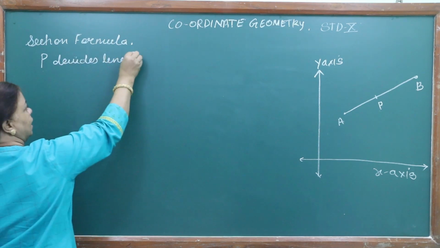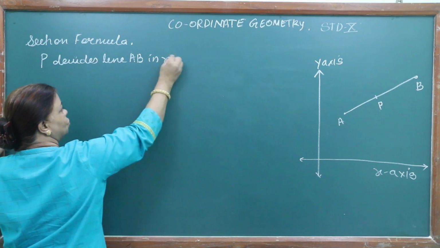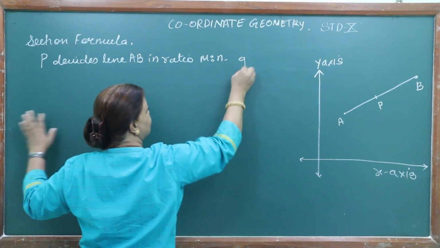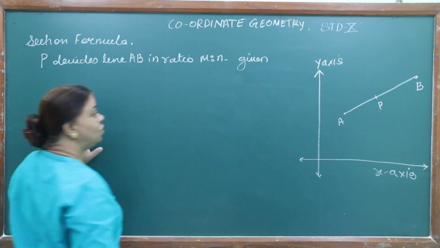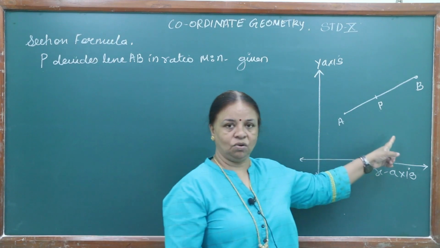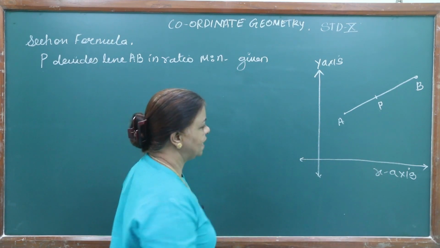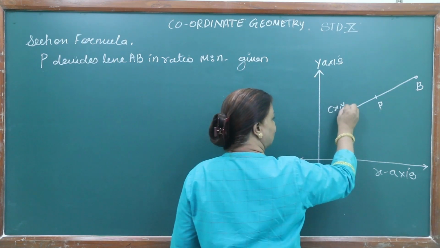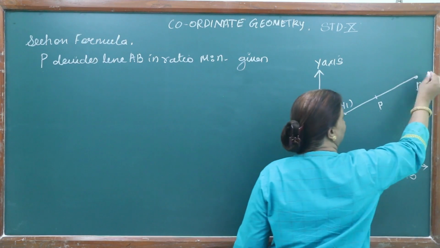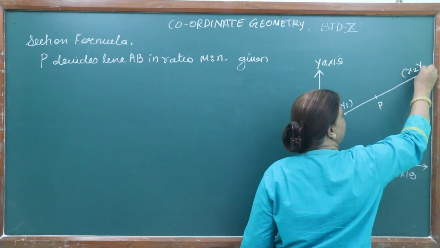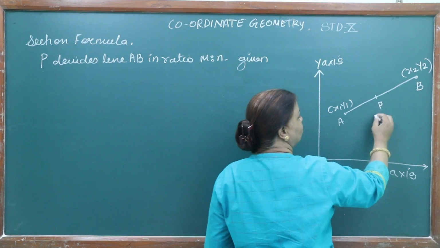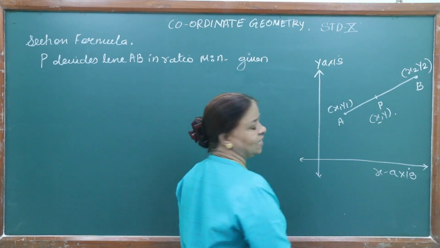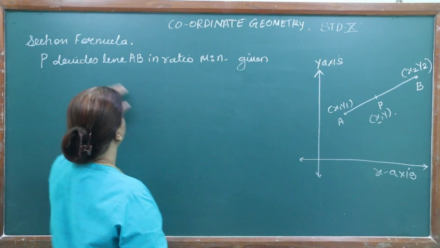This is given, and we need to find the x and y coordinates of point P. Let us say the coordinates of point A are x1 and y1, of point B are x2 and y2, and of point P are x and y.